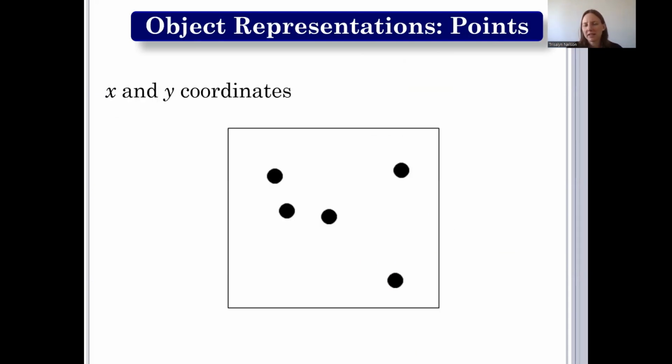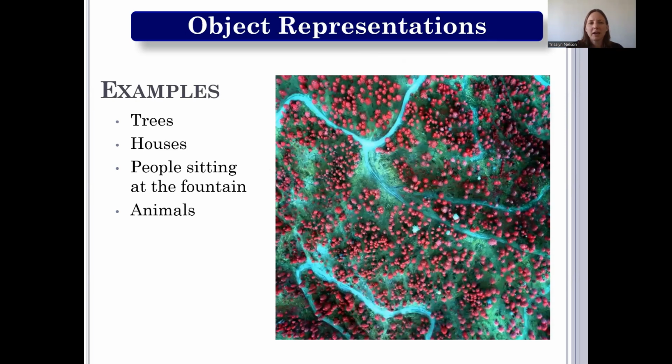The points are just things that are mapped with an XY coordinate. So this might be the location of a tree, the location of a house, people sitting around a fountain, or the location of animals. Often, though not always, points are best used with individual data.